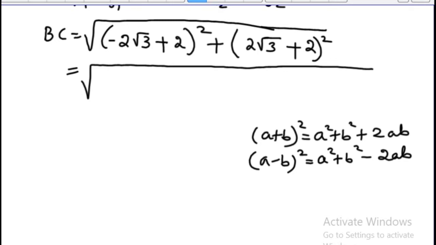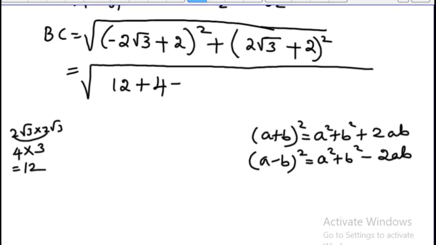So the first one, (-2 root 3 plus 2) whole square, if you expand, what you get? (-2 root 3) whole square, that means 2 root 3 into 2 root 3, therefore 2 2s are 4, and root 3 into root 3 you will get 3, that is 12. Minus into minus becomes plus. Then 2 square is 4. Then here we have negative, so the minus formula, minus 2ab.